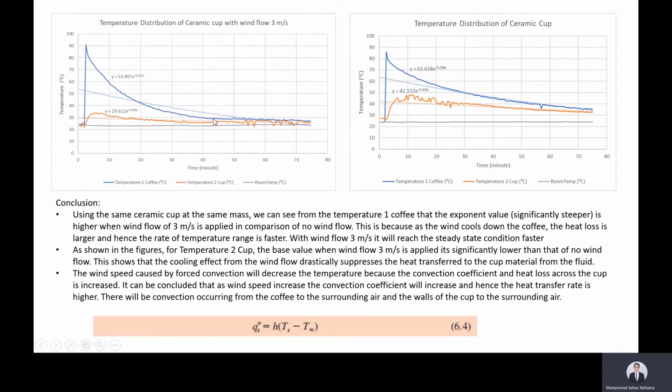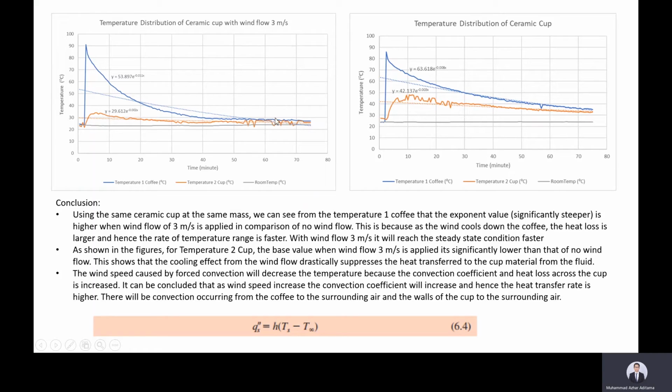So this is the temperature distribution of the ceramic cup with wind flow of 3 meters per second, and the temperature distribution of the ceramic cup without any wind speed applied. Using the same ceramic cup with the same mass, you can see from the temperature of the coffee, the blue line, that from the equation the exponent value of 0.011 is higher than the one without the wind flow applied, 0.08.